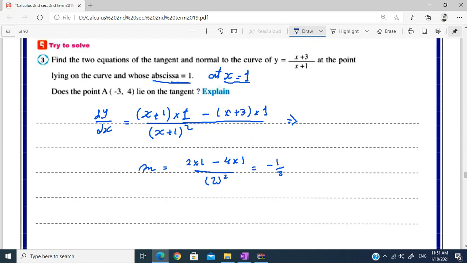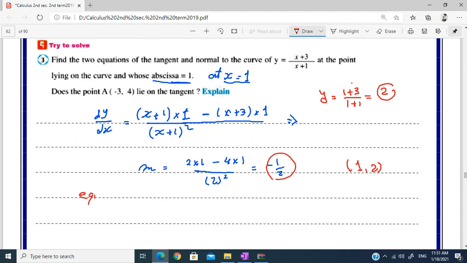At x equal 1 we must find y. The value of y equals 1 plus 3 over 1 plus 1, which equals 2. So the point is (1, 2) and we have the slope negative 1/2.